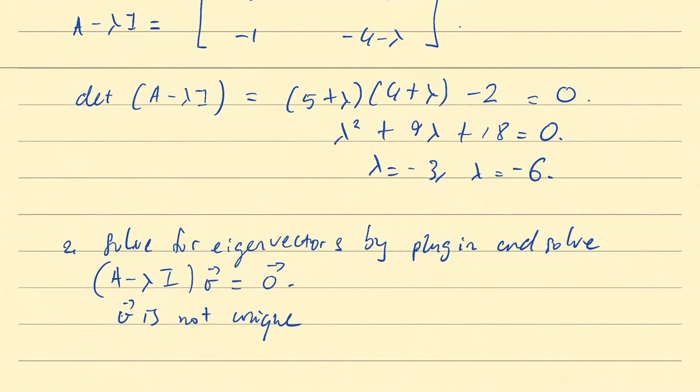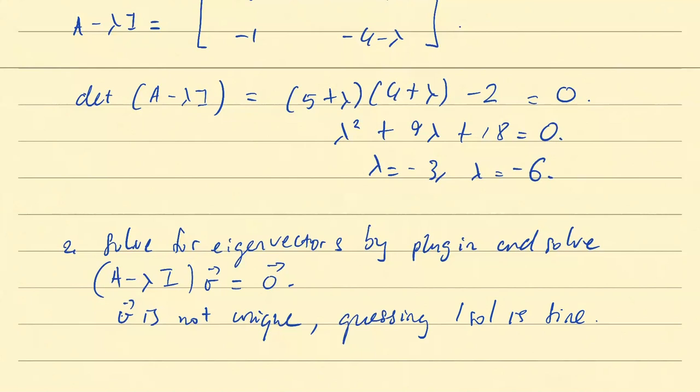So if it's not unique, then the trick is do not work too hard to solve, quote, like you are taught in linear algebra. A guessing solution is fine. The trick is you must have enough eigenvectors to go around.